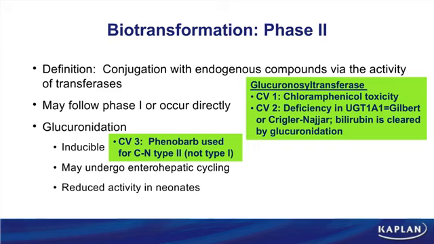Notice, that would be beneficial for a patient with Crigler-Najjar type 2 because they just have a partial deficiency in this enzyme. But phenobarbital would not be helpful for a patient with type 1 because they have an absolute deficiency in glucuronidyltransferase. So a response to phenobarbital tells you that it's type 2, and the lack of response indicates that it's type 1.